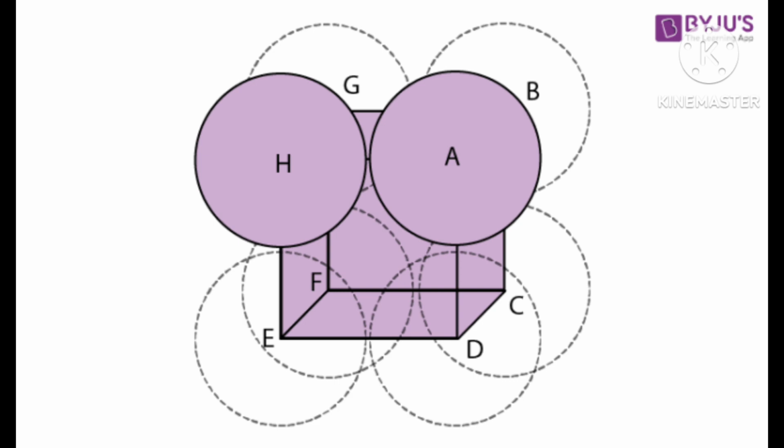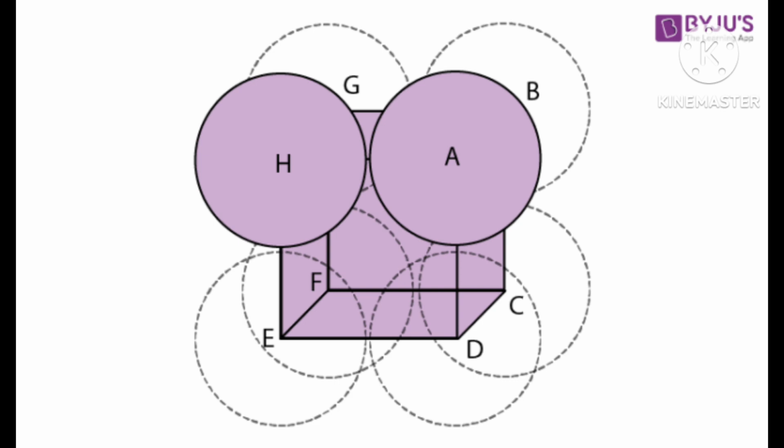But here, because 2 spheres you have kept, R of the first and R of the second, total R plus R, 2R, that is equal to a. a means here the length of the cube, the base of the cube, one side of the cube, that is equal to 2R. Now if you know the value of a, and a is equal to 2R, then what will be its volume?